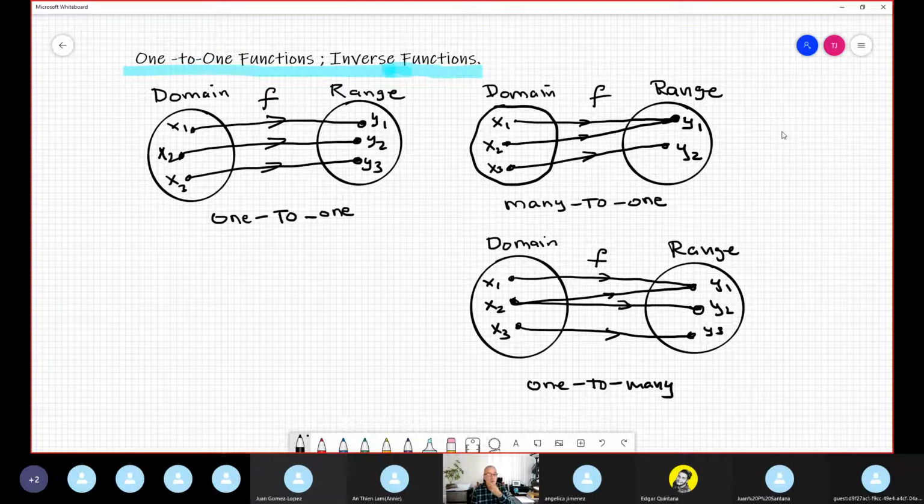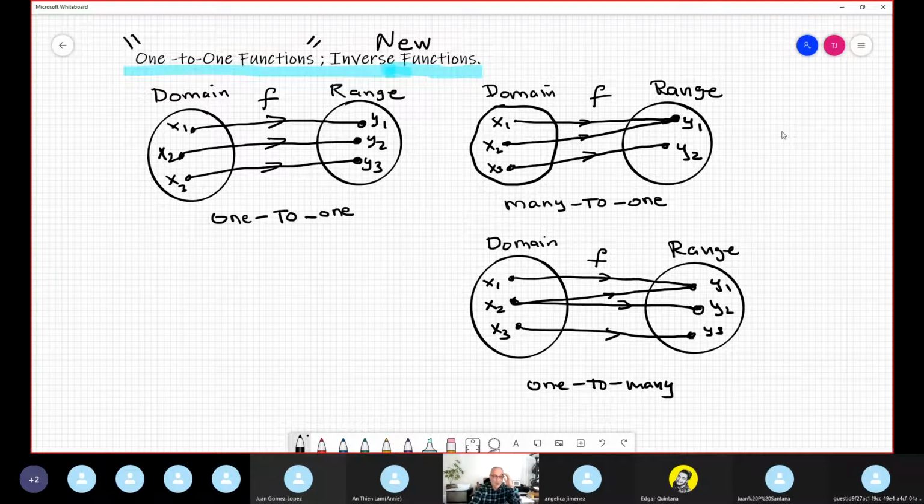Okay, so let me recall something that you know, but I want to refresh your memory. It's about the definition of a function, what a one-to-one function is, and the new idea, the inverse function. Basically, in this part we quickly recall the idea behind one-to-one functions. The new idea is the inverse function, which is completely new.